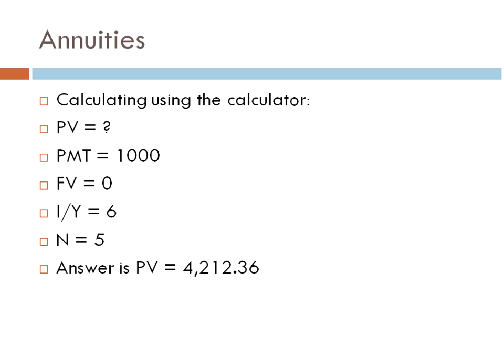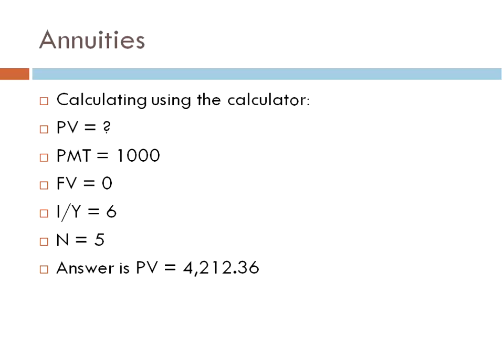so we put in $1,000 and then press the payment button and then enter. Then we put in 0 and then the FV button and then press enter. Then we put in 6 and then the interest rate button and then enter. Then we put in 5 and then the N button and then enter.